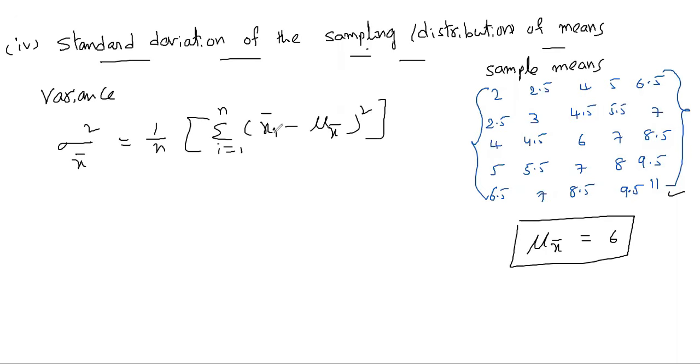Here xi bar means the sample means: x1 bar, x2 bar, x3 bar, like that.